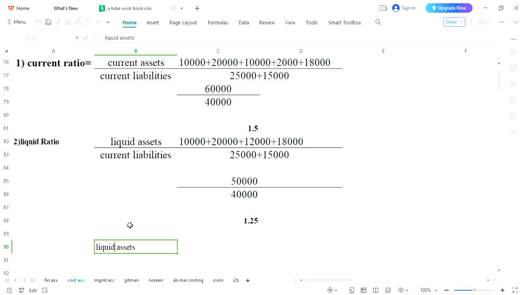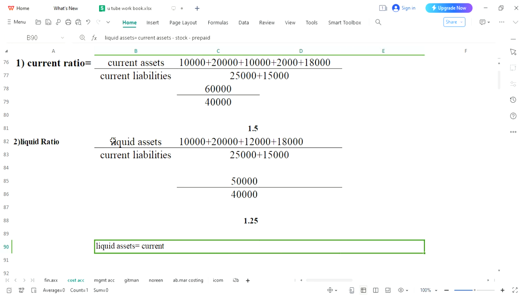And I would love to let you know liquid assets can be calculated by a second alternative, the indirect method. You need to have current assets and just subtract stock and prepaid. Here you will come to know that our current assets have been already calculated. Look over here, current assets. These were 60,000.